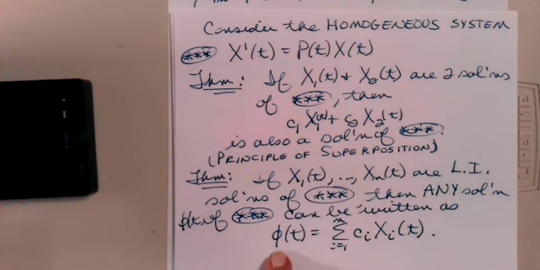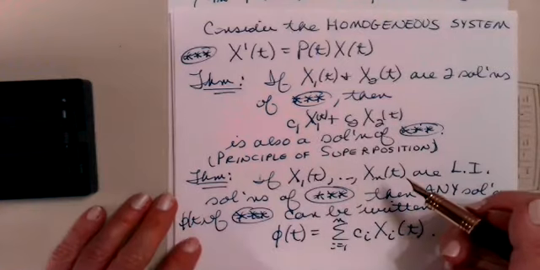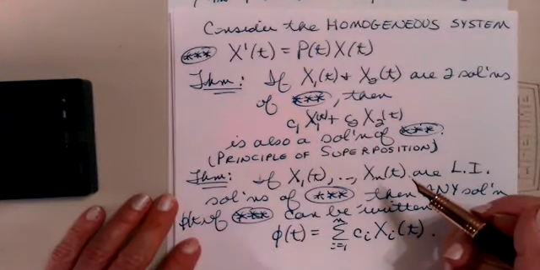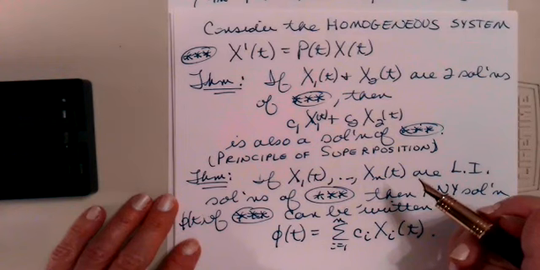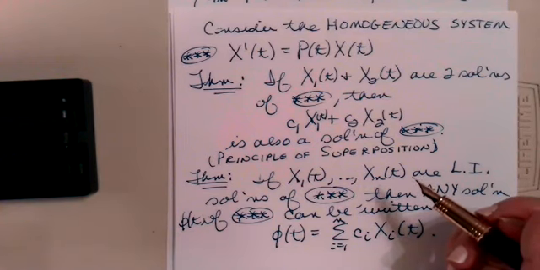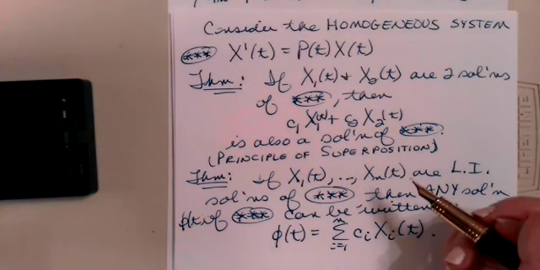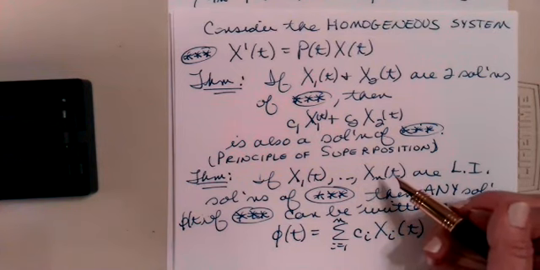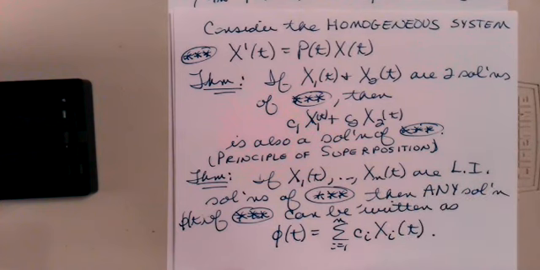That is, any solution can be written as a linear combination of those n linearly independent solutions. So in other words, what we're going to look for when we solve a first order system of n equations is n distinct solutions that are linearly independent. Then we can get all solutions that way. Okay.